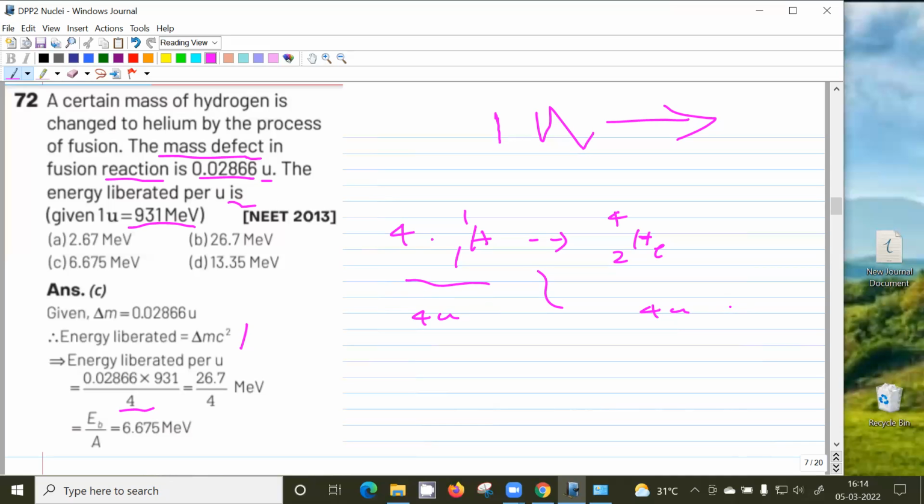For one proton, one atomic mass unit is U. Yeah, but there are 4. No, 4 of them should combine to make helium. To generate one helium nucleus, you need 4 hydrogen. Helium is 2 protons, right? Yes, sir.